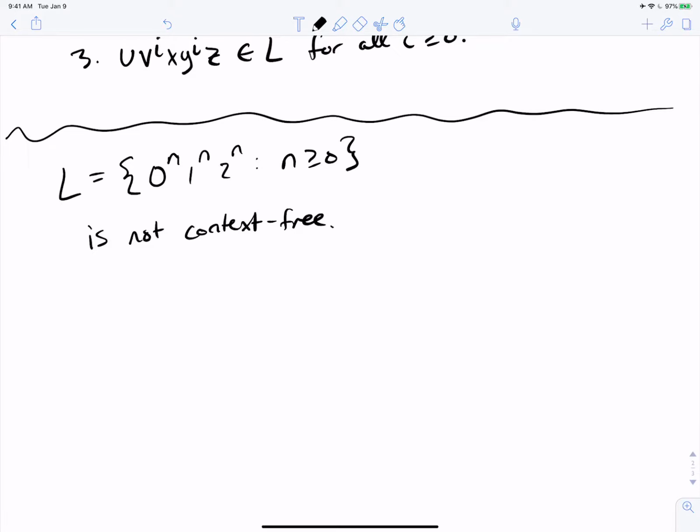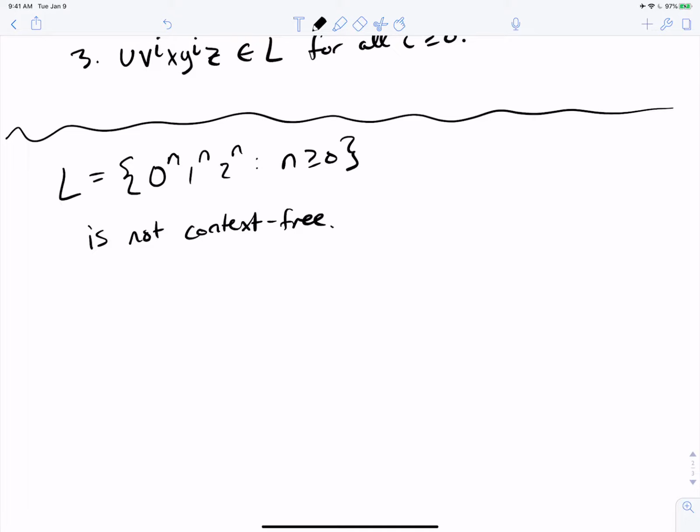But in all seriousness, what I would recommend you do, or at least try, is try to make a grammar for this, or try to make a PDA for this. So what would an attempt at making a PDA for this be? Well, let's follow our 0^n 1^n example, which is we push the zeros on the stack, and then as we read the ones, we pop the zeros off the stack.